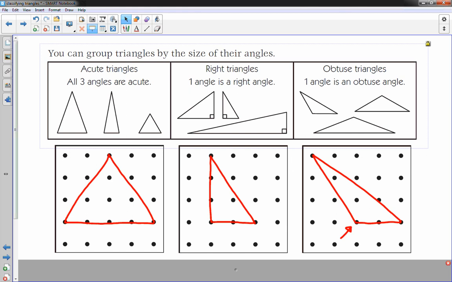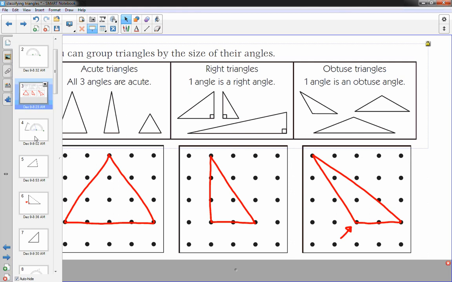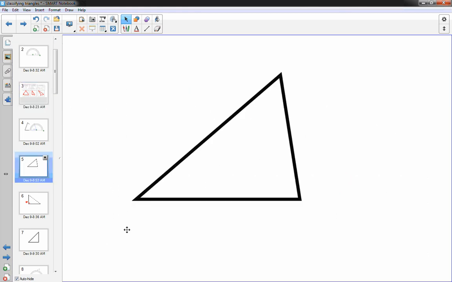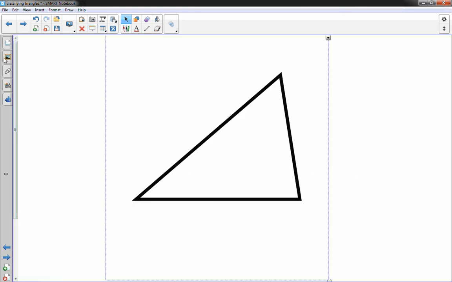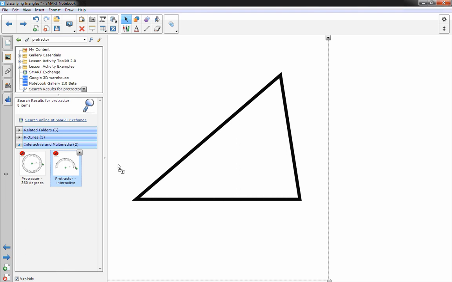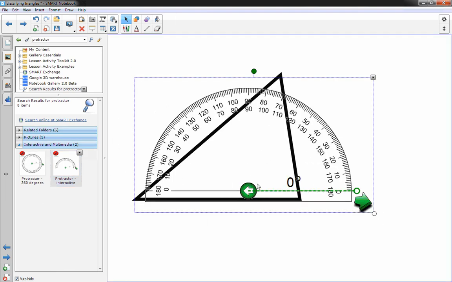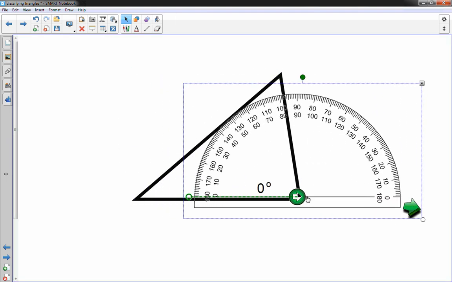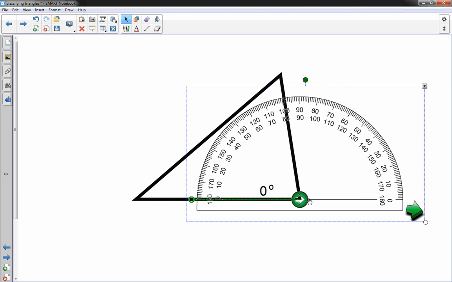And then on the back side, you're going to have some pictures of triangles like this one. And I want you to take your protractor out and practice measuring the triangle's corners and tell me if they're acute, if they're obtuse, or if they're right triangles.